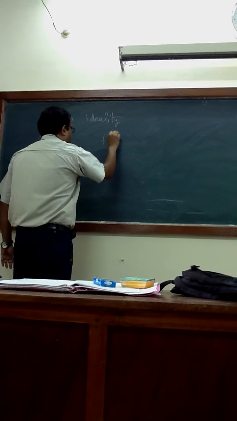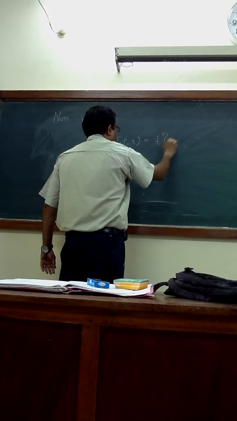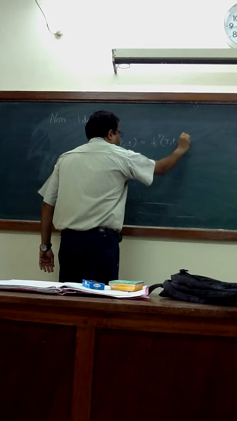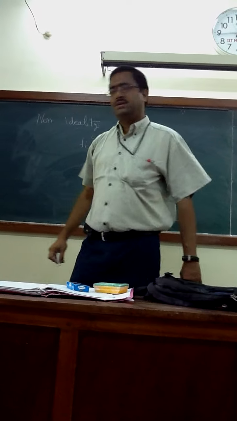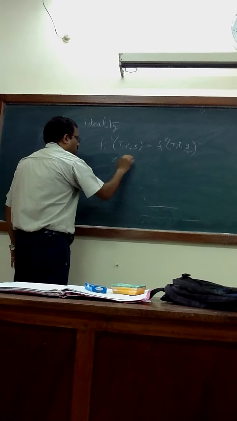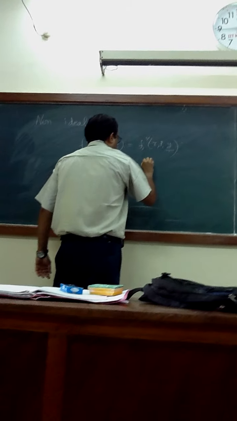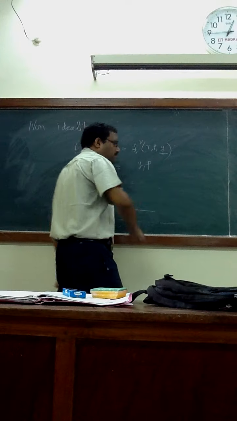What we have seen earlier: Fi L P, P, X bar equals Fi V P, P, Y bar, right? And we have found Raoult's law, the Lewis standard rule, and this is Yi.